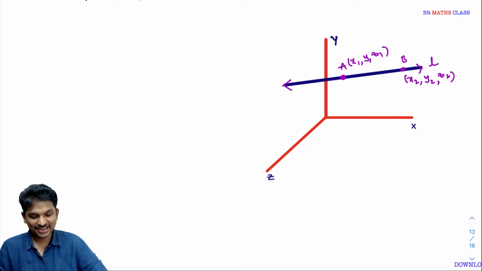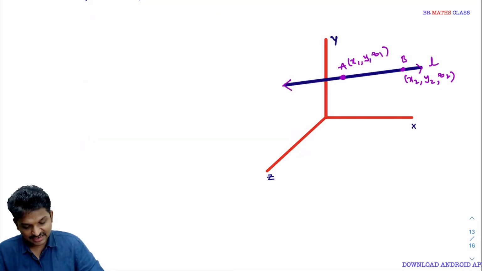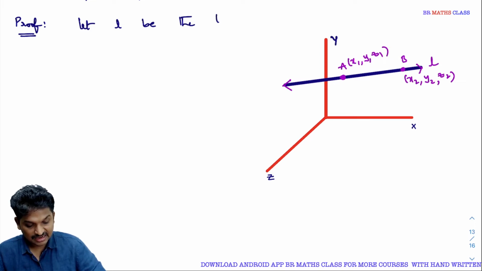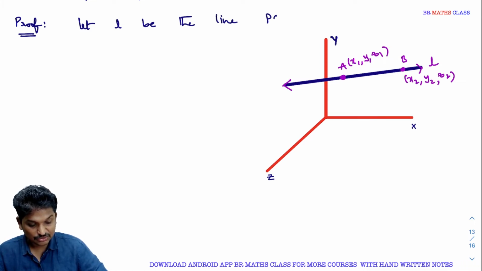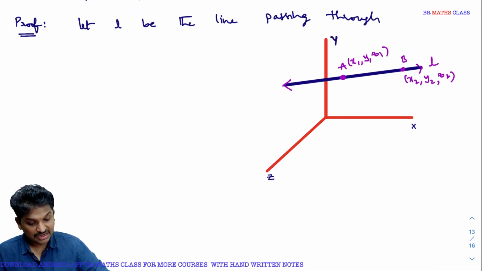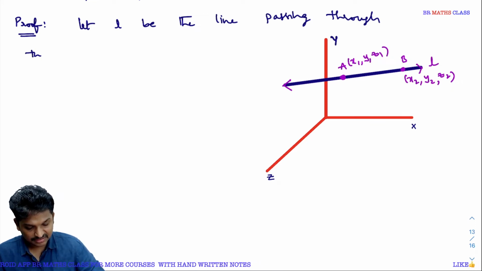Okay, so derivation. While deriving this, first step: let L be the line passing through 2 points.